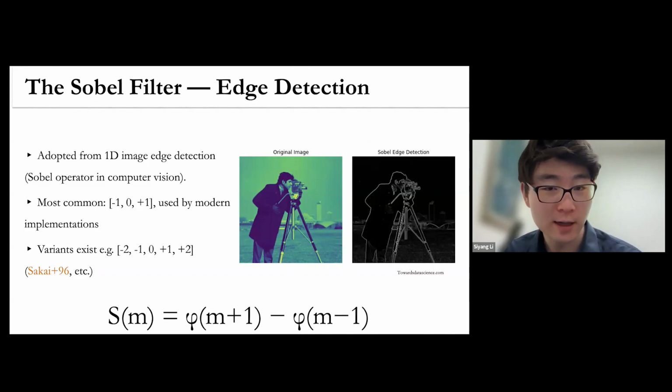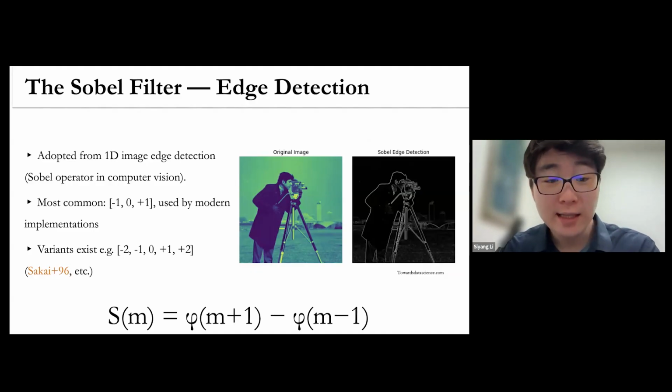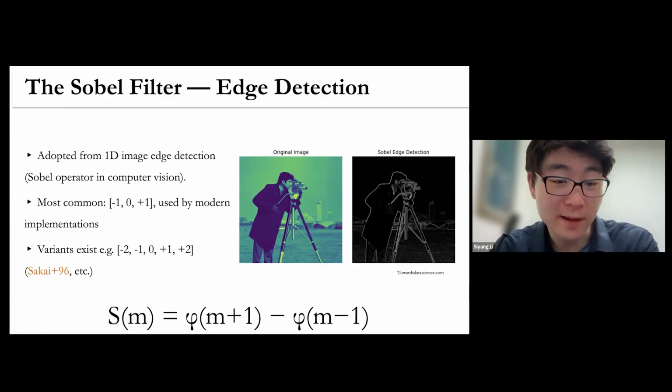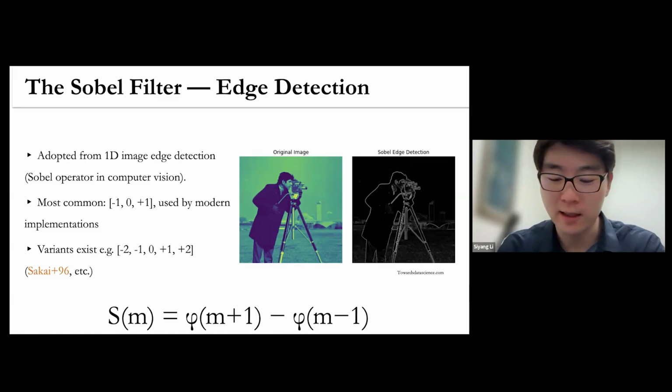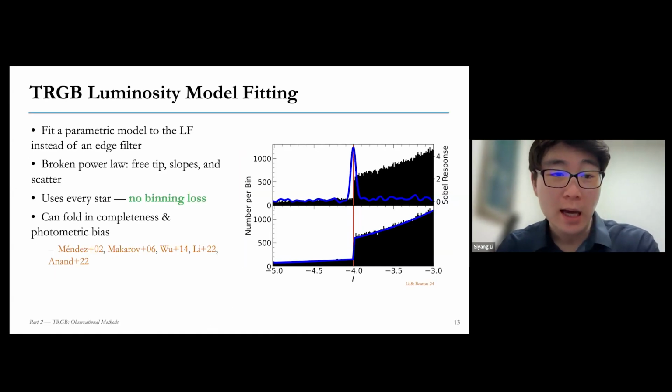This concept was adopted from computer vision. Essentially, you multiply the bins by -1, 0, or +1 and add them together. It's just a way to measure the derivative of the luminosity function in a binned approach. And so typically that's what we do.